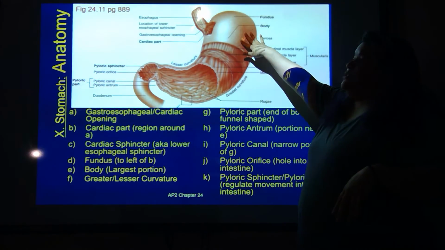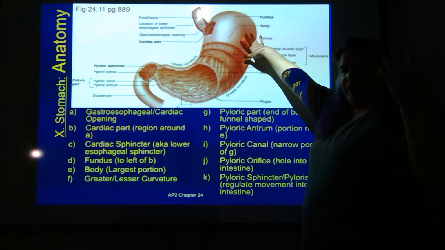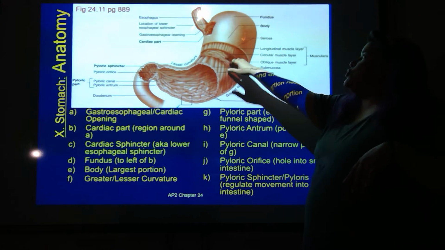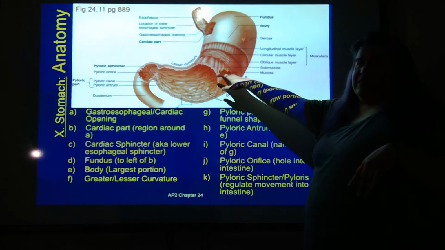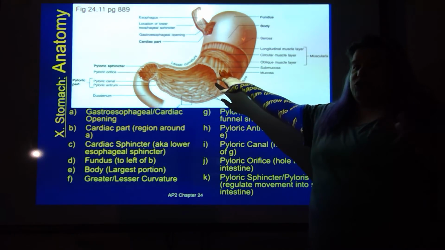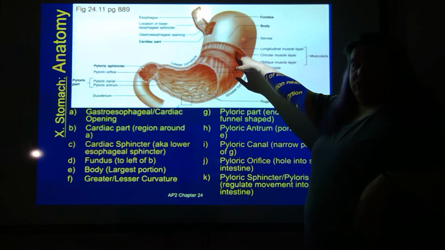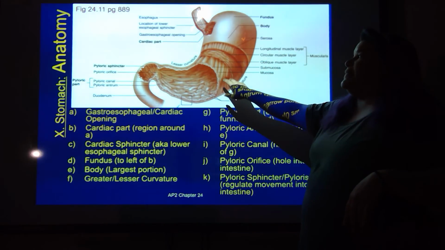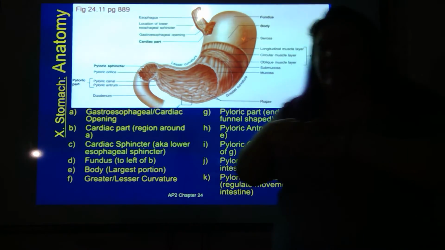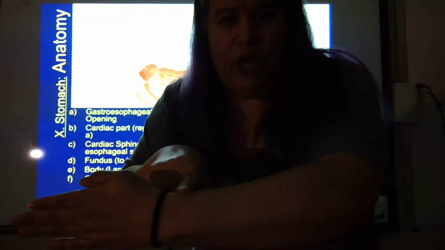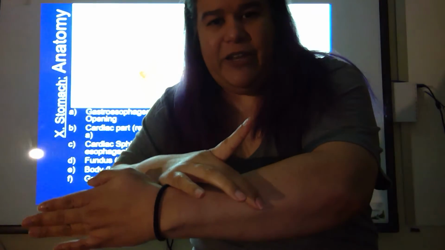And here's my serosa, that outer layer that we talked about at the beginning. So you've got 3 layers of muscle. Remember I said everywhere has 2 layers except for the stomach, right? You've got the longitudinal, you've got the circular, but then you've got this oblique layer that goes angular.